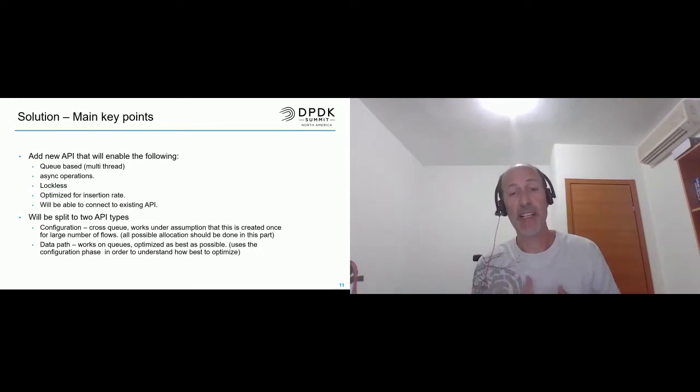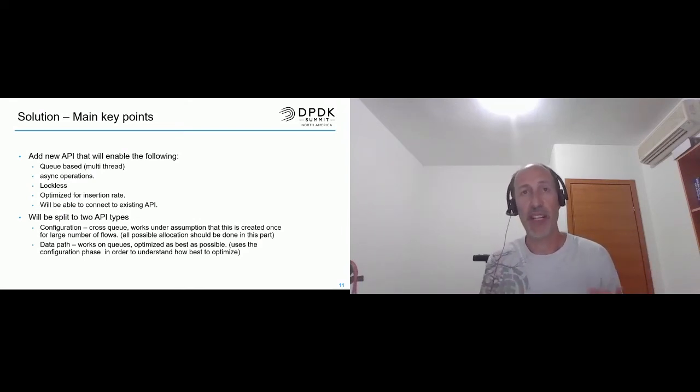This configuration will allocate resources, memory, counters, whatever. So when inserting the flow, there will not be a need for any more allocation or anything else. Everything will be configured. So the configuration is, I wouldn't say once in a lifetime, but is relatively rare. And when it's called, it may cause some hiccup to the system. But the data path, the insertion of rules, is as fast as possible.